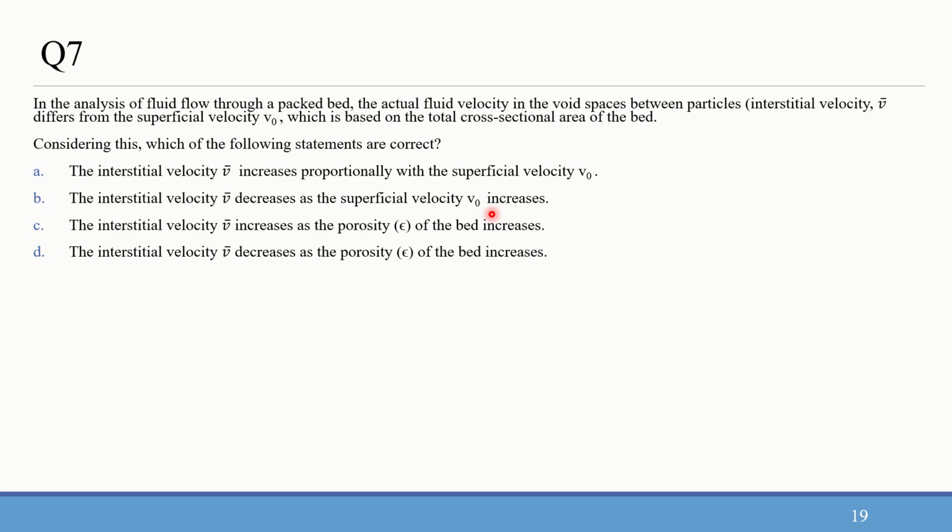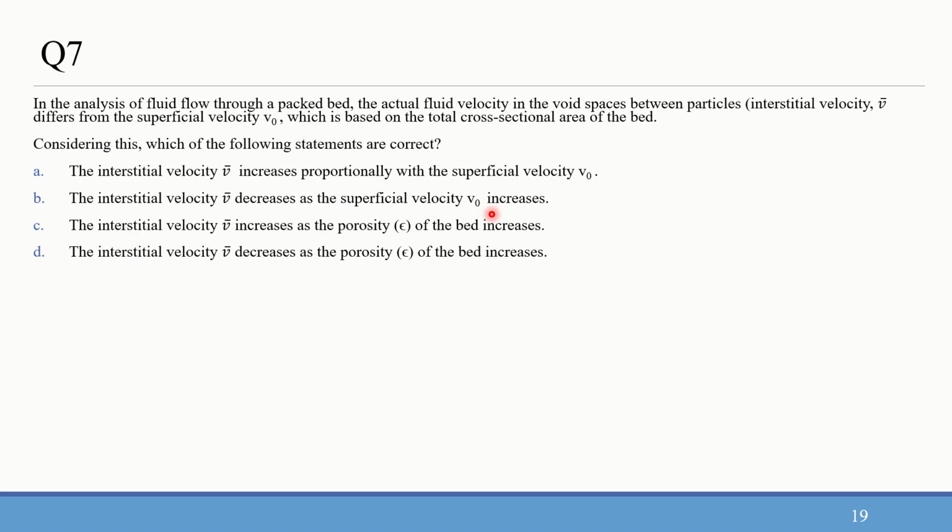Okay, so we'll first discuss each of the options one by one. The first one: interstitial velocity increases proportionally with superficial velocity. This is true. Interstitial velocity is directly proportional to the superficial velocity. So option A is true. That is V bar is equal to V naught by the void fraction. Interstitial velocity decreases as the superficial velocity increases. This is false.